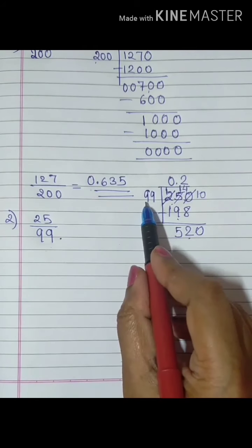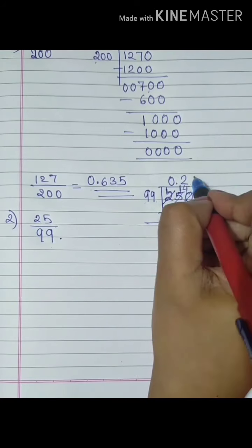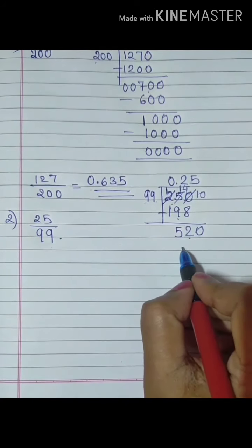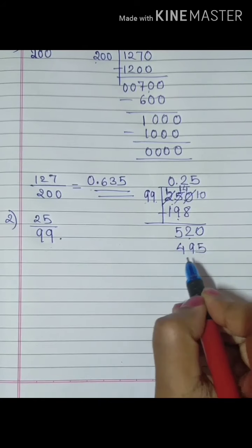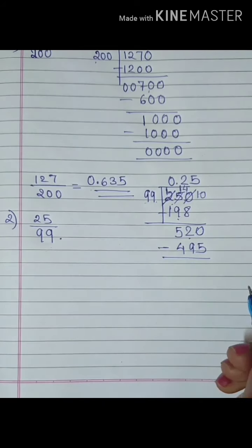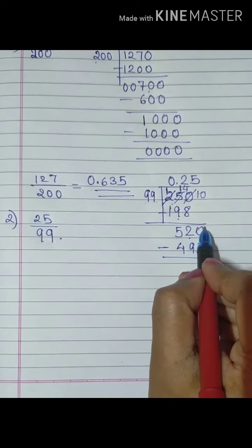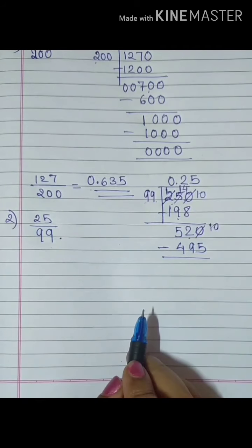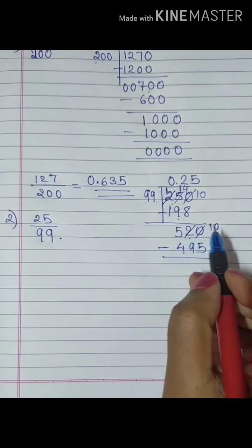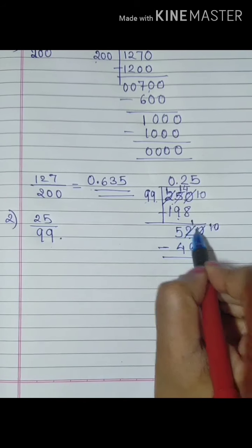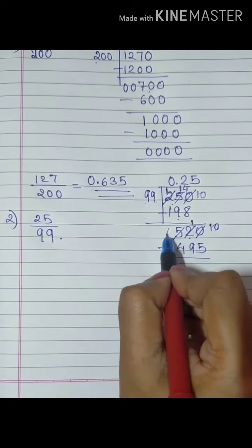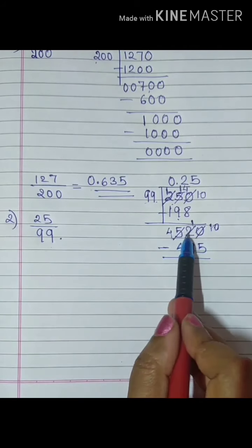Then 99 5s are 495. Got it? Again here it will become 10, it will become 4.